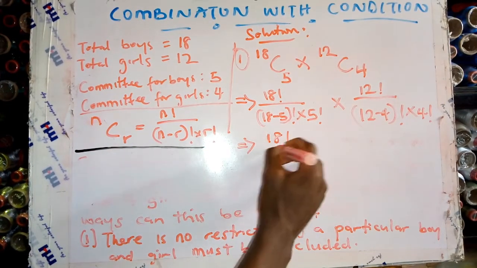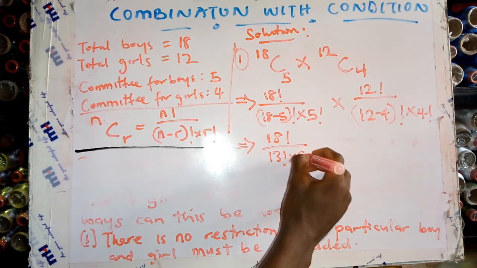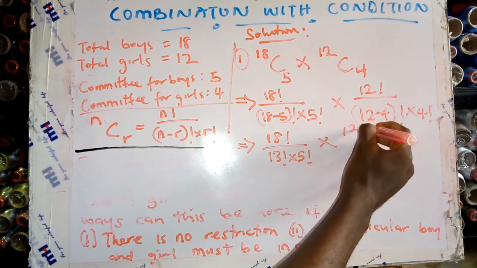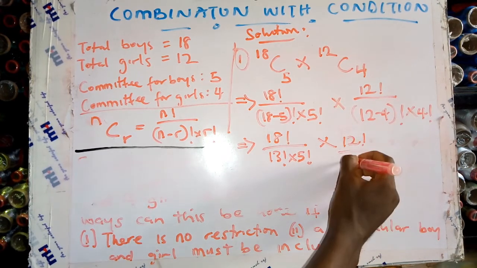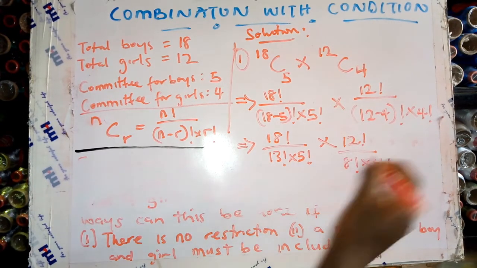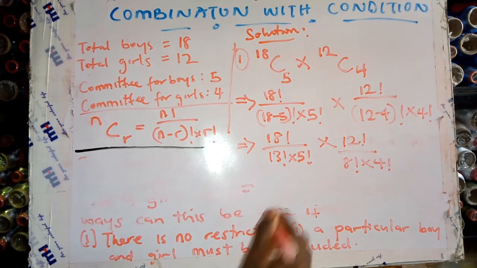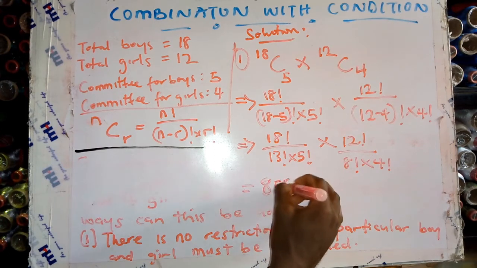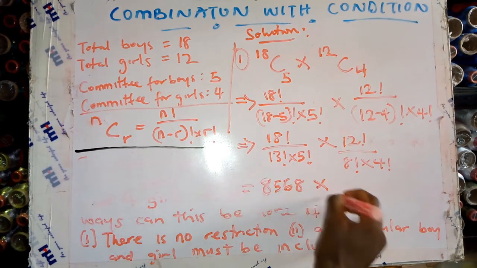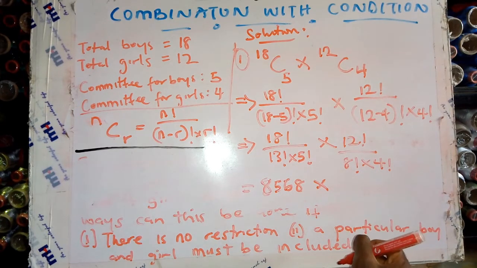That will be 18 factorial over 18 minus 5, that's 13 factorial times 5 factorial, then times 12 factorial over 12 minus 4, that's 8 factorial times 4 factorial. If you do this, you are going to get 8,568 times 12 factorial divided by 8 factorial times 4 factorial, which gives us 495.